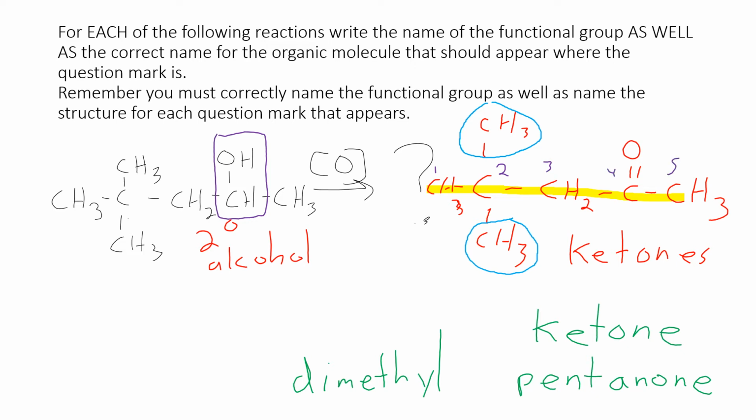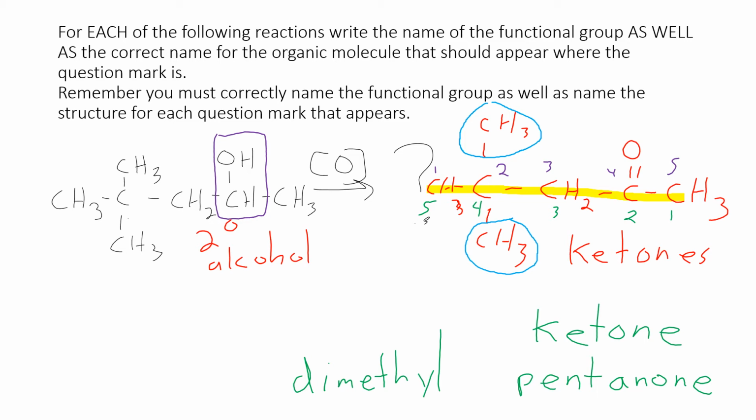Or going the opposite way, in green: 1, 2, 3, 4, 5. Which numbering system will we have to use? It'll be the one that has the functional group at the lowest possible number. In the purple, the functional group would be at position 4. In green, the functional group would be in position 2. So I need to use the green numbering system.